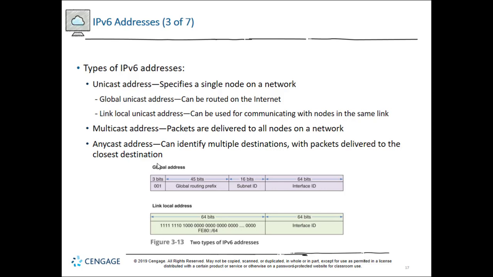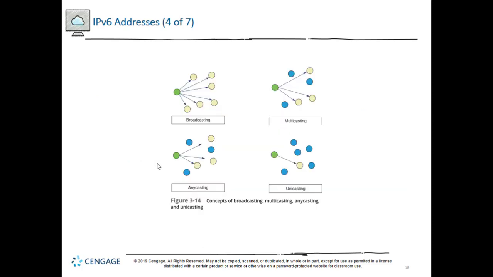A multicast address, okay, addresses that go to multiple nodes on a network. And anycast identifies multiple destinations with packets delivered to the closest address. And there's just an example, and they're all pretty similar.